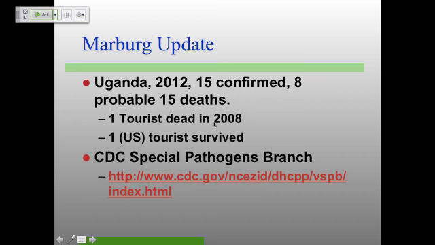Marburg, on the other hand, again, not endemic to Germany, but in Uganda, 2012, 15 confirmed, 15 possible deaths. 1 tourist has died in 2012 from any of these filovirus diseases. So if you consider the amount of media outbreak that's happened here, I think it's more of a media outbreak than it is a disease outbreak.